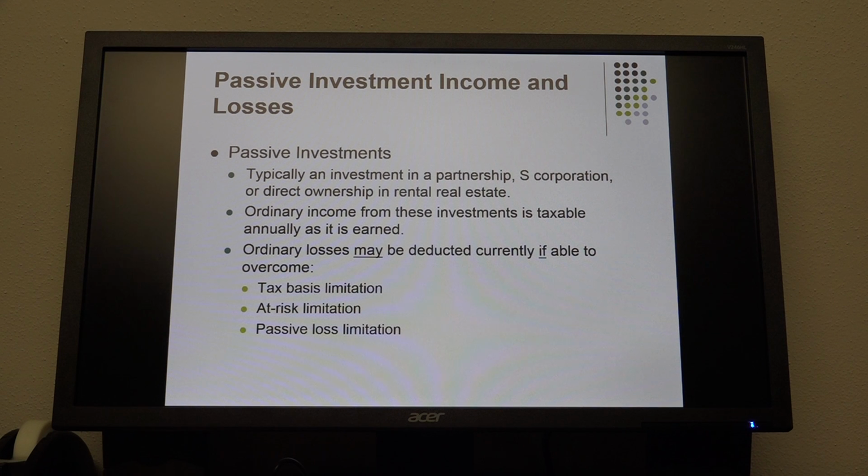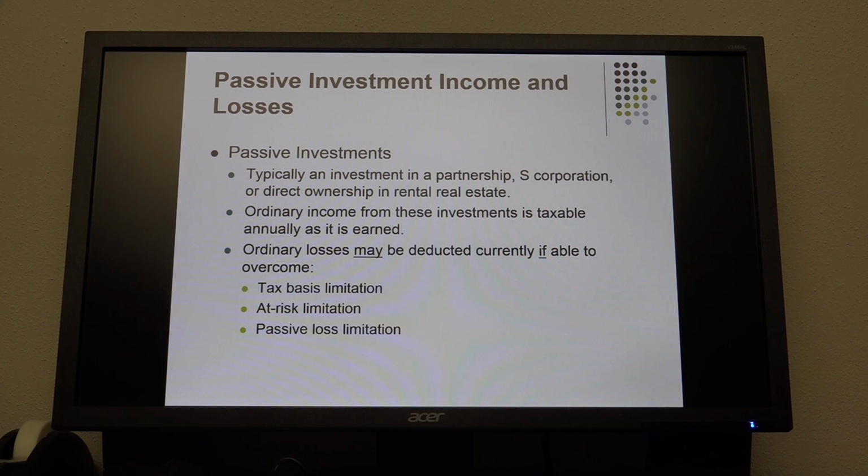Now, the losses created by these passive investments are possibly deductible, but only if they meet certain thresholds. Those tests and those thresholds are called the tax basis limitation, at-risk limitation, and passive loss limitation.